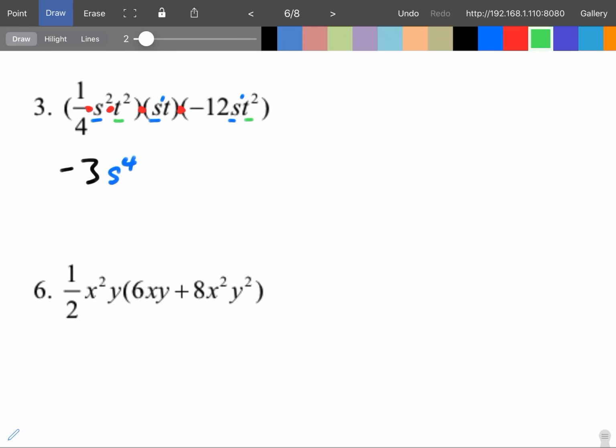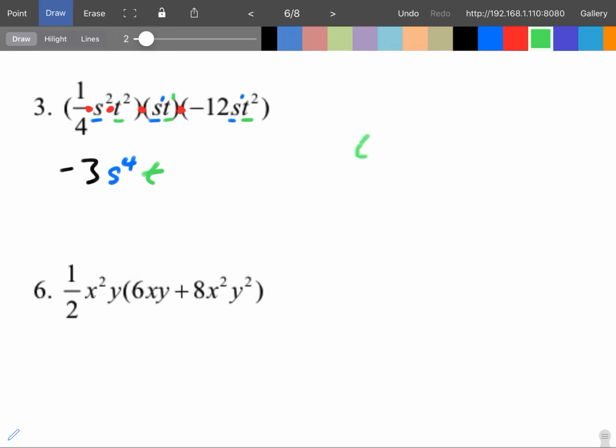And then we're going to do the t's. You got a t squared times another t to the first times this t squared right here. So that's t to the what power?